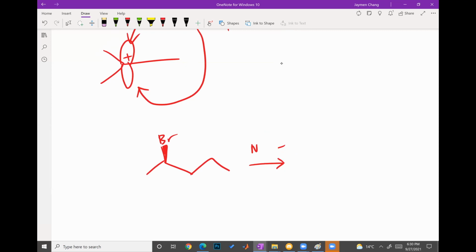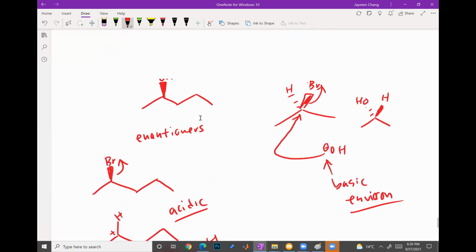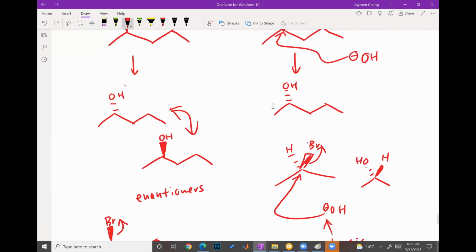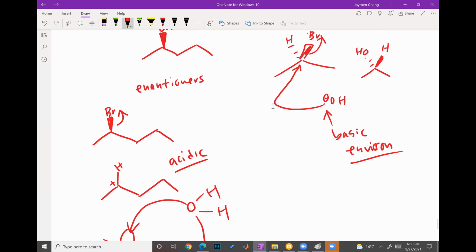For example, if we had H2O and maybe HCl, these are much nicer conditions for SN1 to happen. So this is going to be SN1. Okay, so those are the two main key distinctions of SN1 and SN2. You will get to more detail when you start to talk about the differences between E1 competition and SN1 competition, and SN2 and E2 competition. Okay.